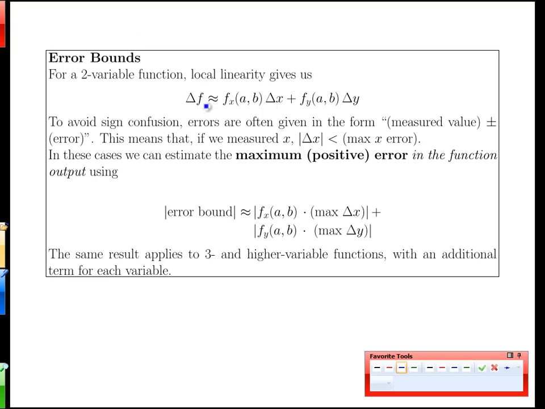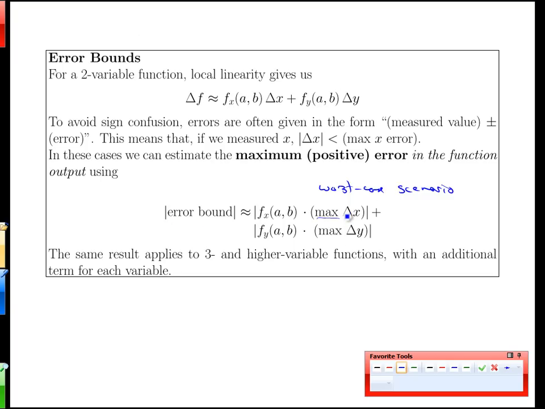So we slap some absolute values on this. And an important distinction here, we are going to take our derivatives, multiply it by the largest possible error that we could get in x, and add that to the absolute value of the maximum error we could get in delta y. And so this is really getting the worst case scenario. Typically, if you had errors in two variables, you might get one that's a little high or produces an overestimate, one that produces an underestimate of the function.